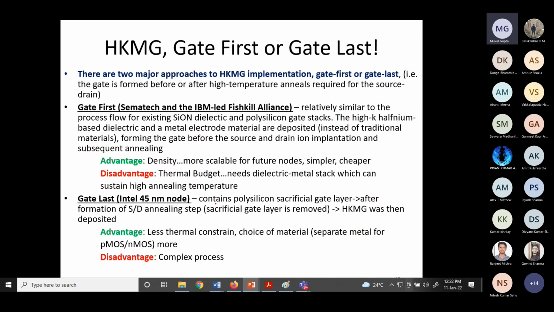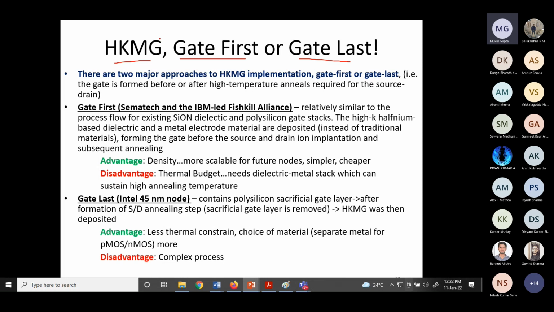Now what we will do, well, we will have gate first or gate last approach. What is HKMG? HKMG is high K metal gate. That is the technology we are using. But we can have gate first approach or gate last approach. If it is a gate last approach, we don't have to bother about temperature budget and all that, because then we can use any metal we want, right?